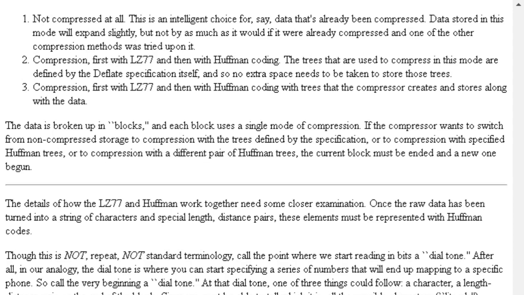2. Compression, first with LZ77 and then with Huffman coding. The trees that are used to compress in this mode are defined by the Deflate specification itself, and so no extra space needs to be taken to store those trees. 3. Compression, first with LZ77, and then with Huffman coding with trees that the compressor creates and stores along with the data.